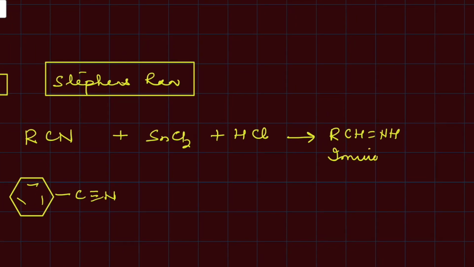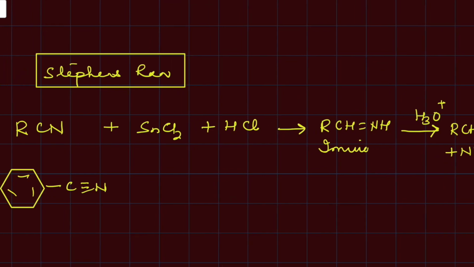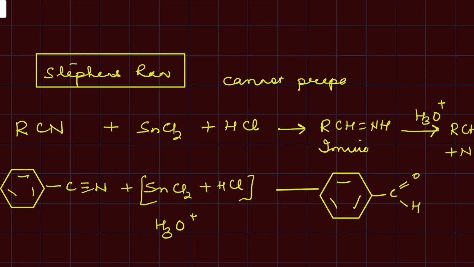This imine, when hydrolyzed with acidic hydrolysis, will give RCHO and NH3. Similarly, same here, you can use the same SnCl2 plus HCl as the first step, and the second step is acidic hydrolysis, and what you end up with is benzaldehyde. We cannot prepare ketone by this method. This is only for aldehyde.